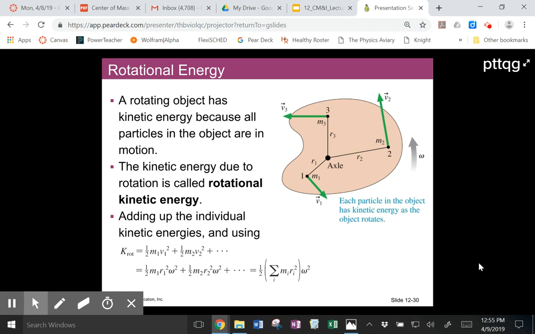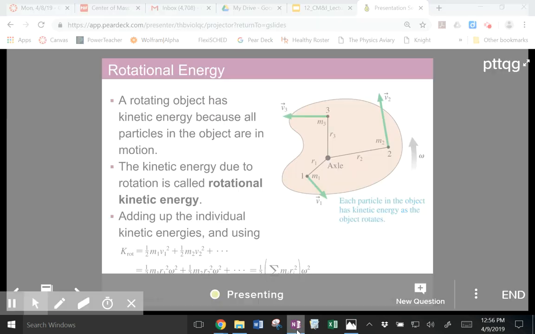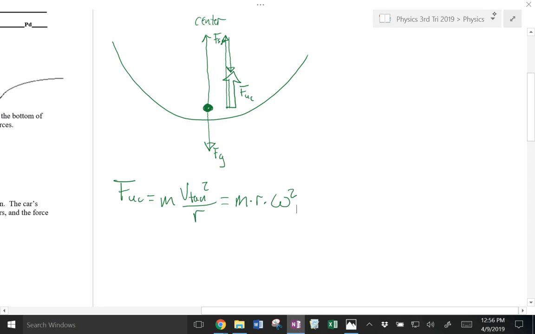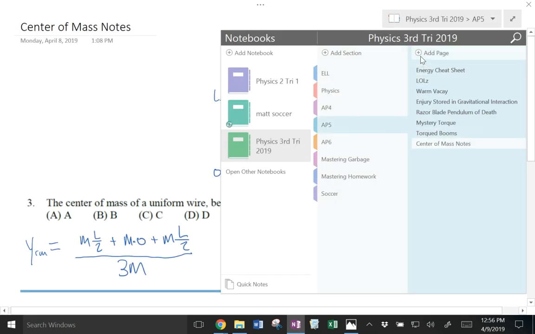All right. So back to why you did such a crappy job on the last practicum lab where you had to predict where the ball was going to land. The problem was that we weren't accounting for our LOL being incorrect, more or less. Our LOL for that was basically saying, let's see, AP5, let's do a new page, let's call it EK Rot.